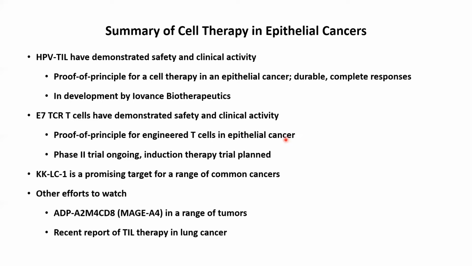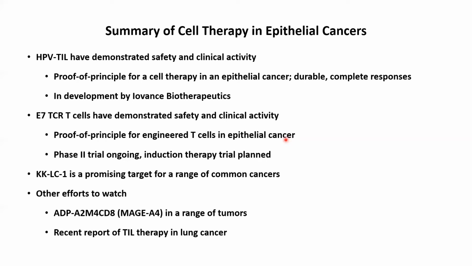The KKLC1 TCR, I think, represents a promising approach, with the antigen a promising target for a range of common cancers, including cervical, lung, gastric, and triple-negative breast. There are other efforts in the field that I think we should all continue to watch.